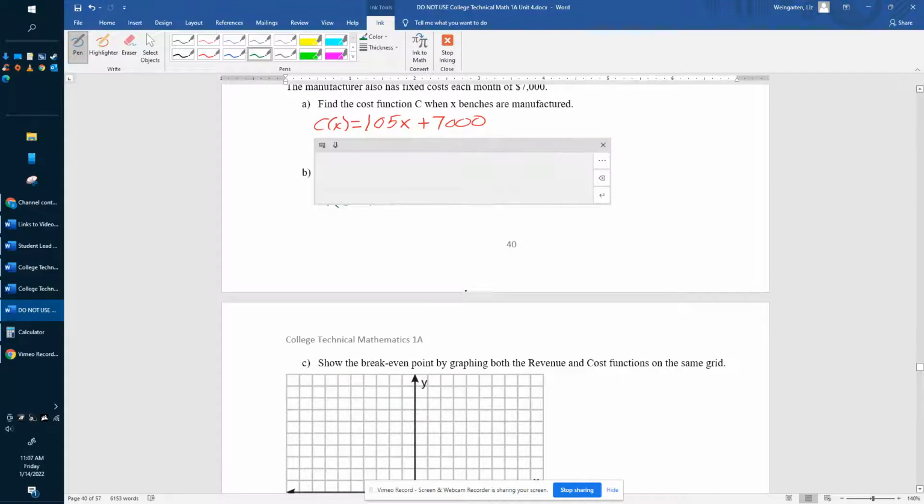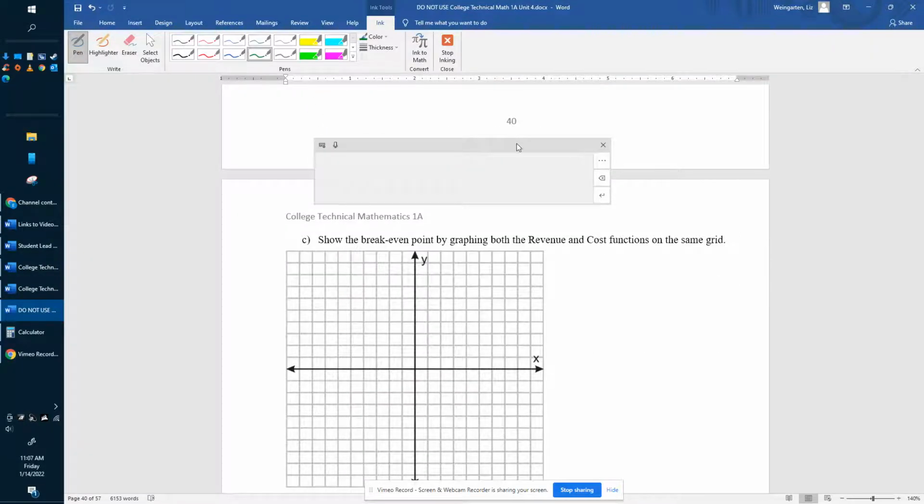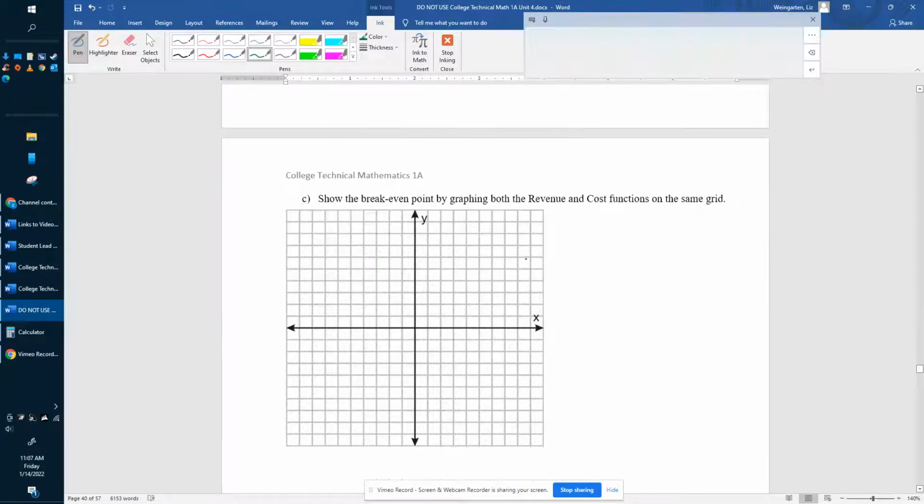Now we are going to show the break-even point by graphing both the revenue and cost functions on the same grid. So we are going to want to label our grid appropriately. It's okay if your x-axis and y-axis aren't in the same units. We're going to put the y-axis in thousands because we know that it costs $7,000 a month without even building anything. So let's do it in 2000s.